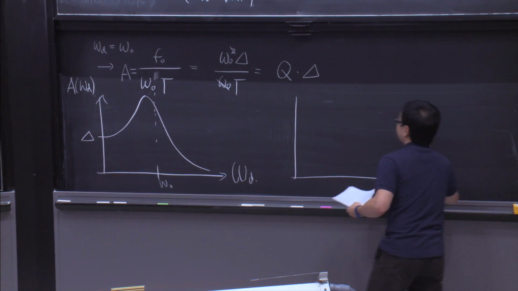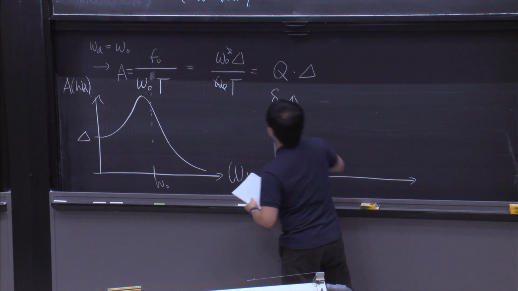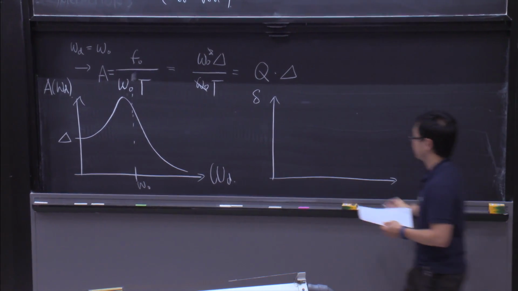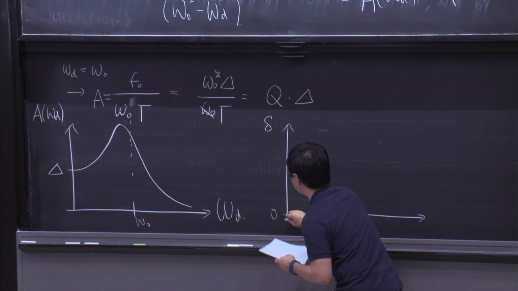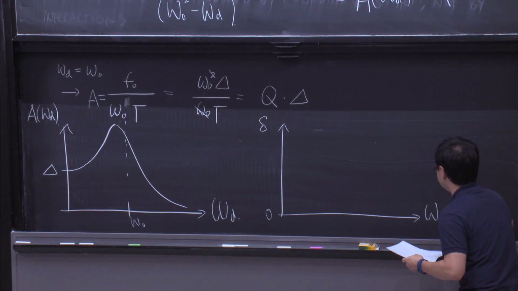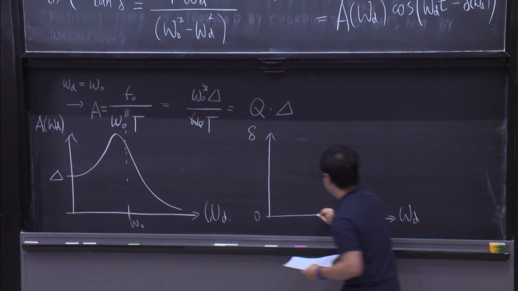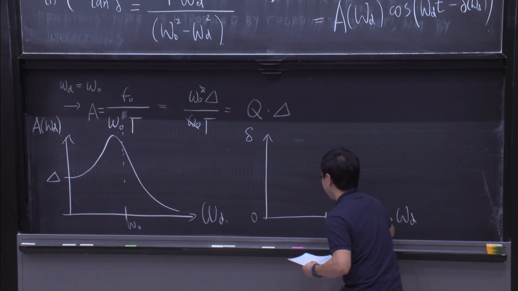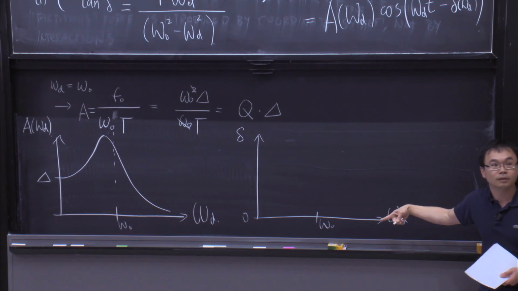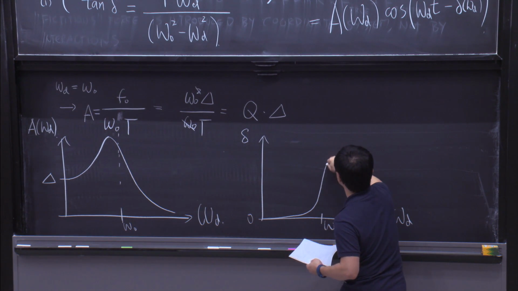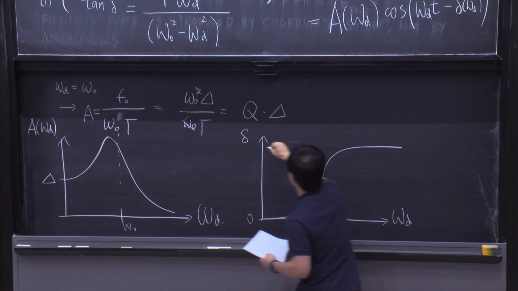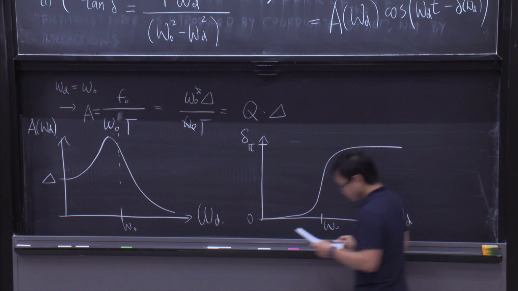Now I can also plot the delta, which is the phase difference. You can see that this phase difference will be originally 0 when the omega d is very small, and this is omega 0. I hope you can see it. And this will be increasing rapidly here and approaching pi.